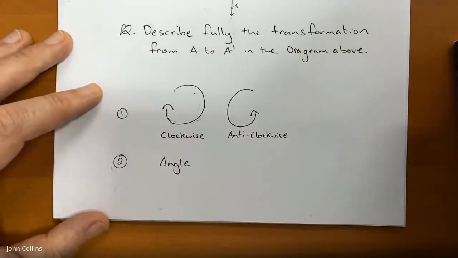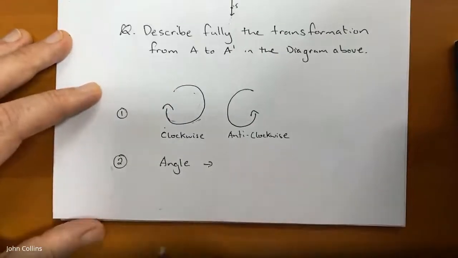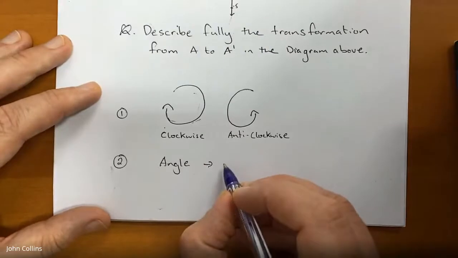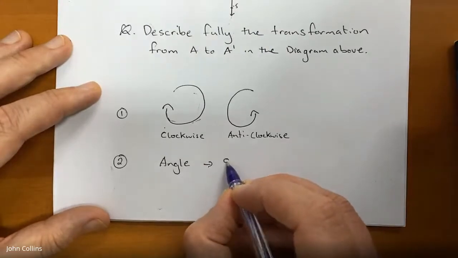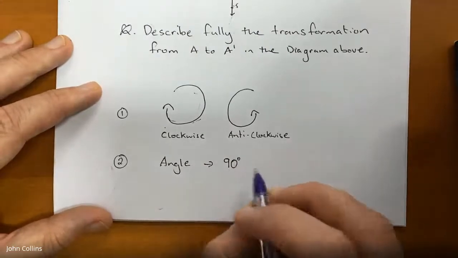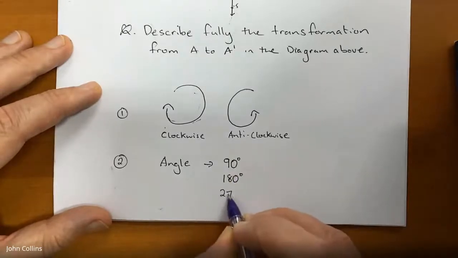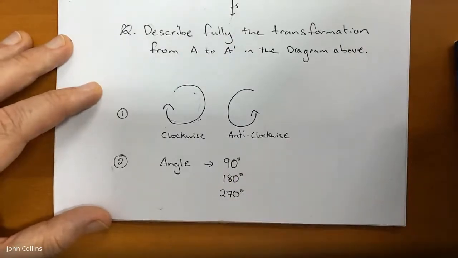For you guys, there are going to be three angles. Something can be rotated 90 degrees, 180 degrees, or 270 degrees.